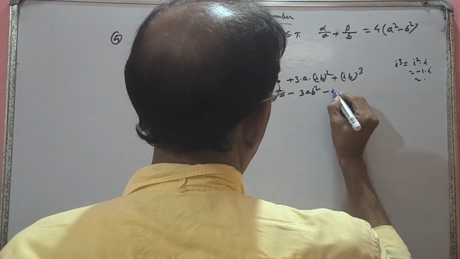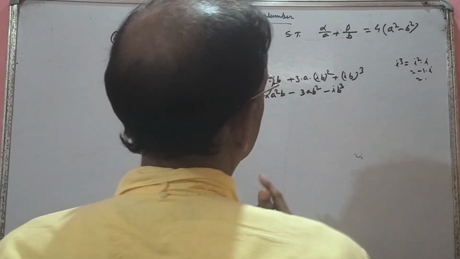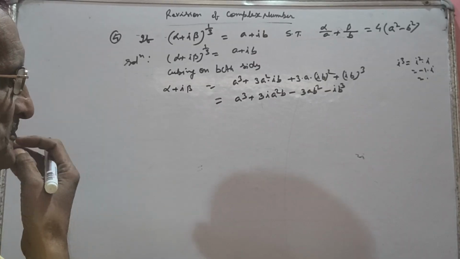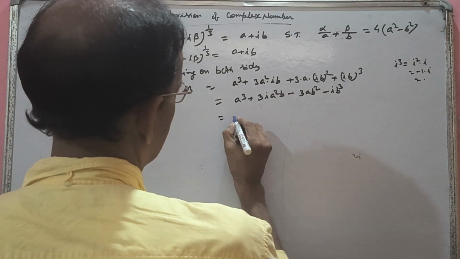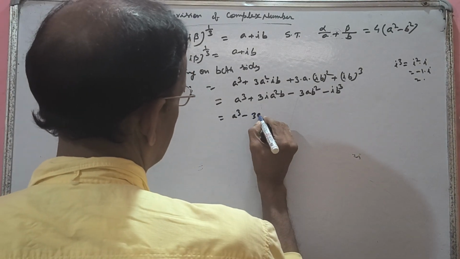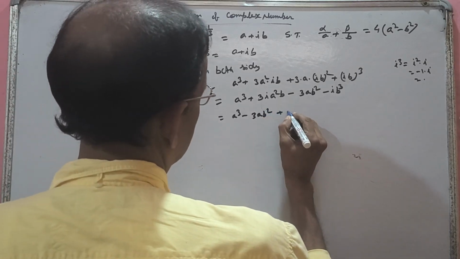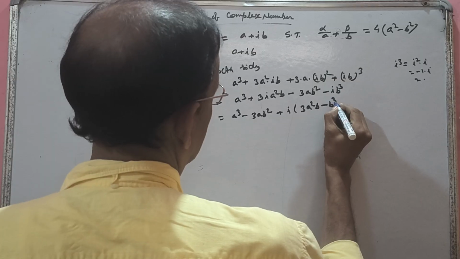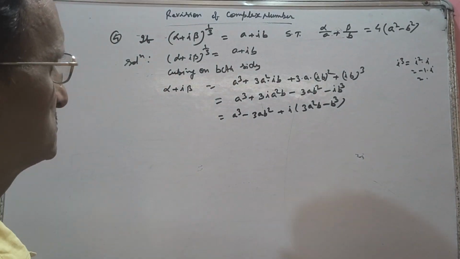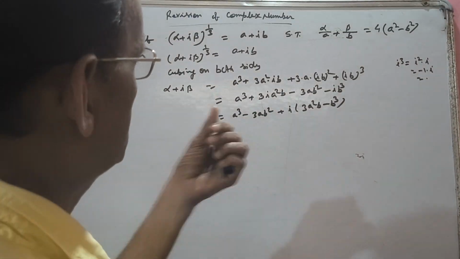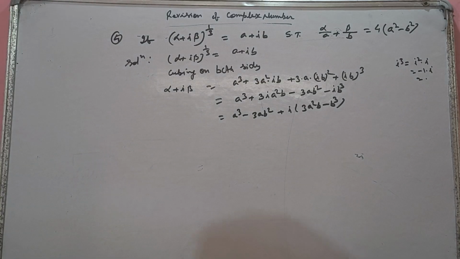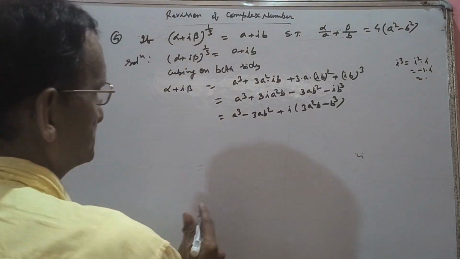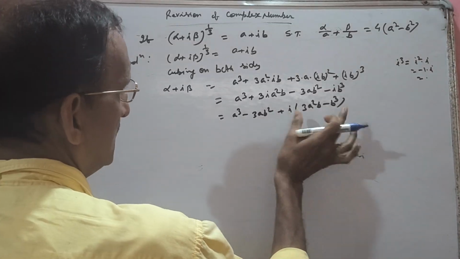This is minus i b cube. Understood? So this is a cube minus 3ab square plus i into 3a square b minus b cube. Understood? We will always try to express in the form of a plus ib. This is in the form of a plus ib.